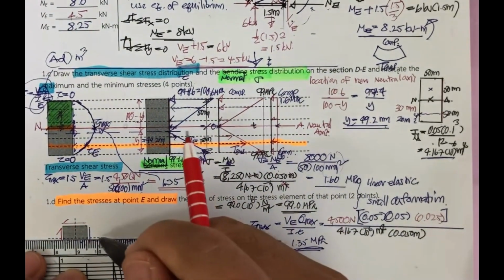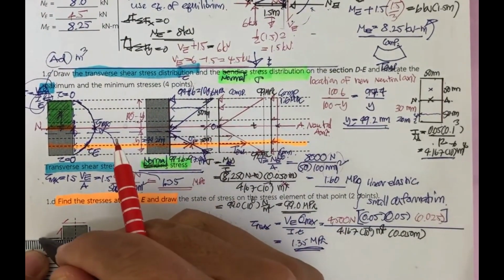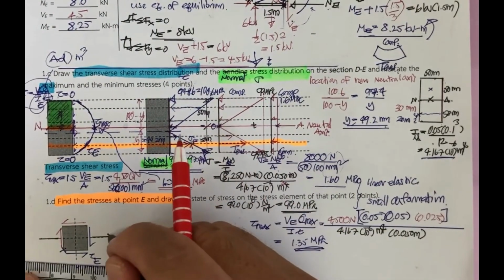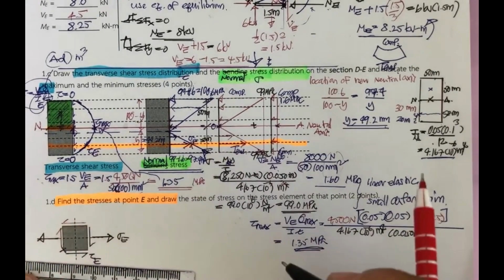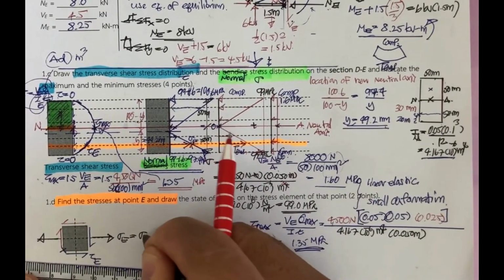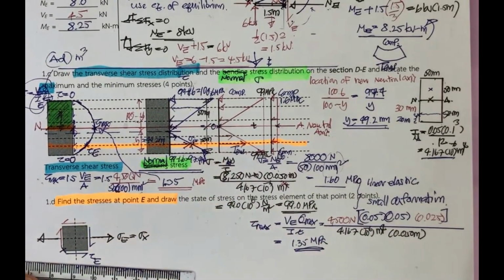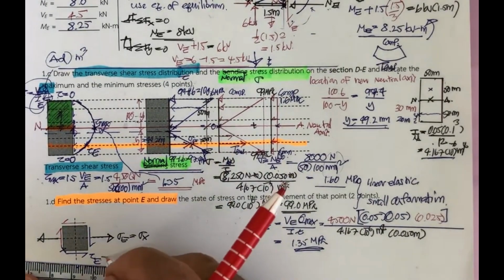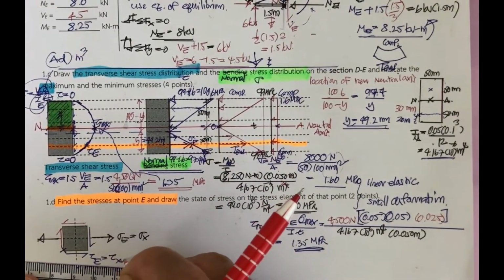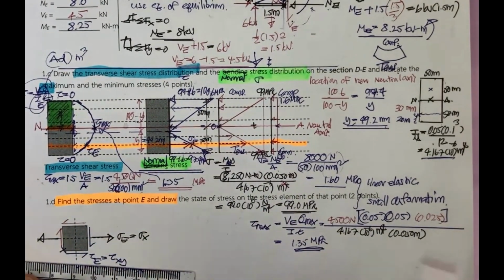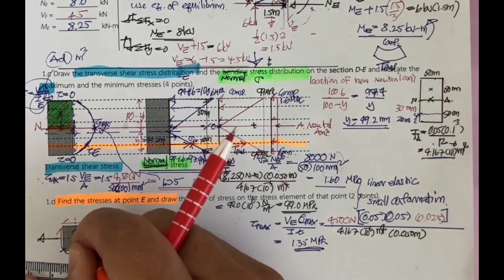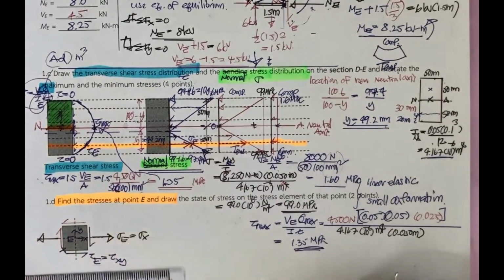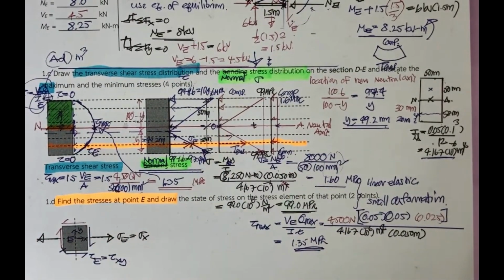This sigma sub e is also called sigma sub x and tau sub e is called tau sub xy because we consider this is the x and this is the y, and this is point E. So what is the value of this?